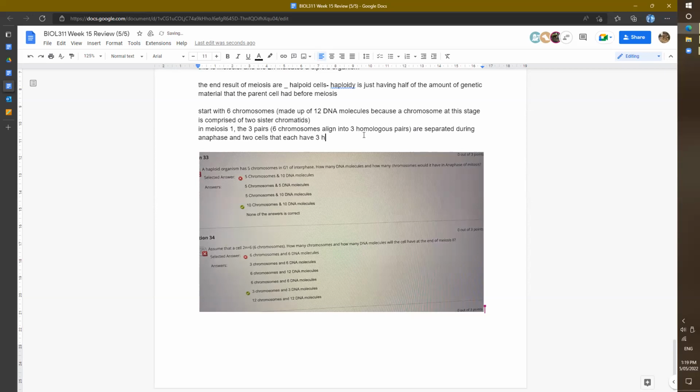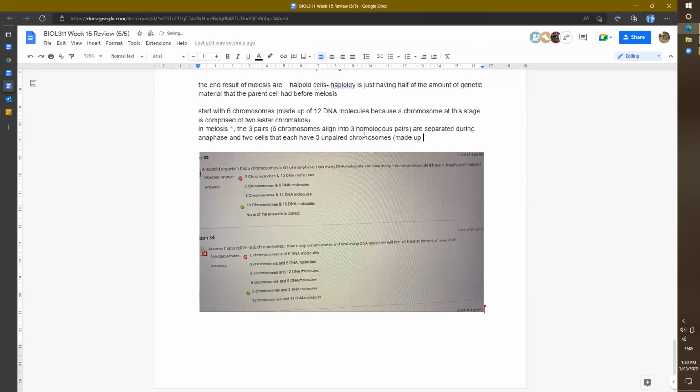Let me take that back. We have chromosomes which have two chromatids, so they have sister chromatids. So you still have 5 chromosomes at the end of interphase, but you'll just have 2 sister chromatids for each chromosome.